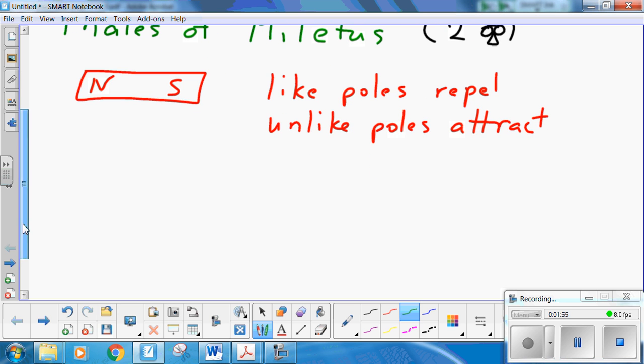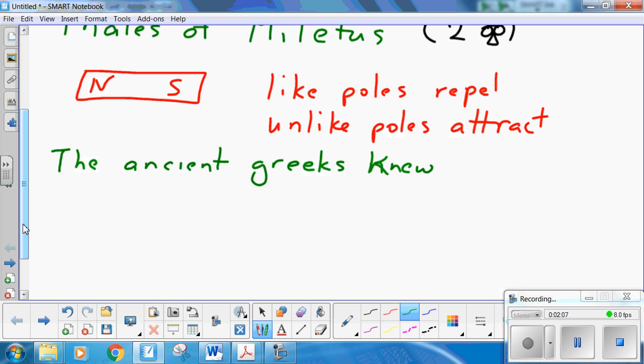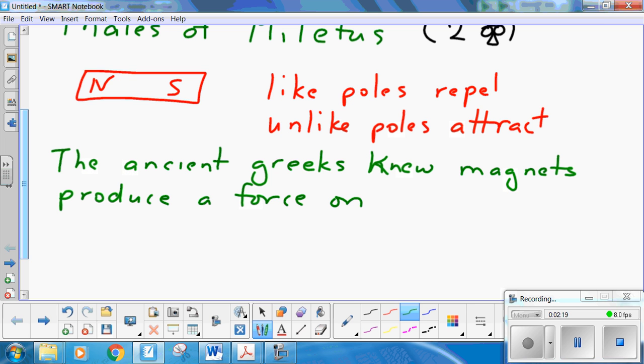Now, the ancient Greeks knew magnets produce a force on some metals.